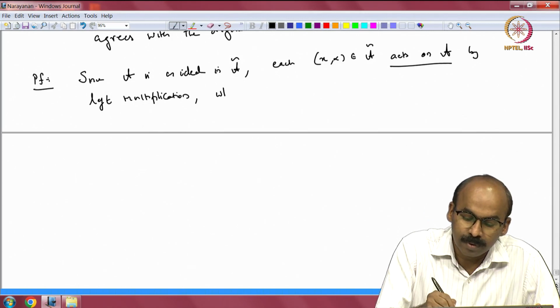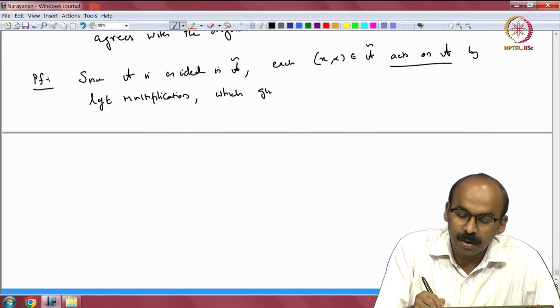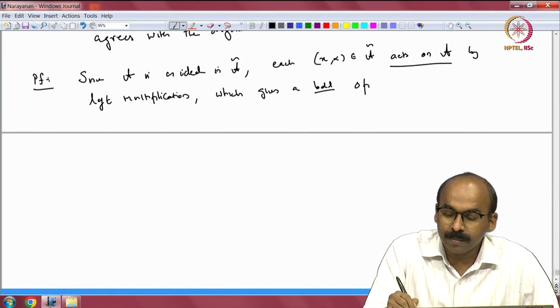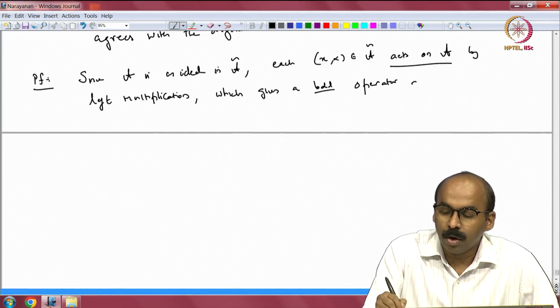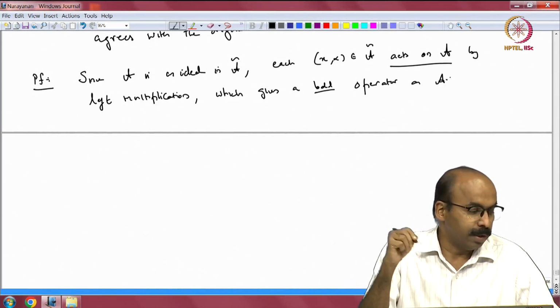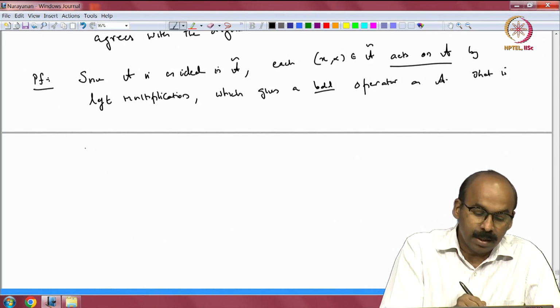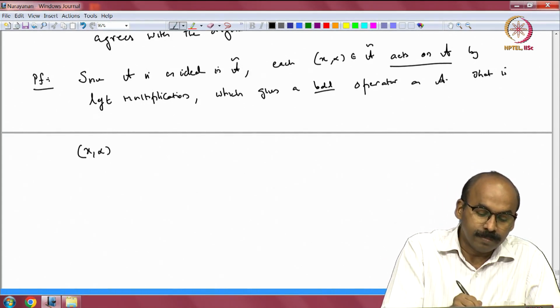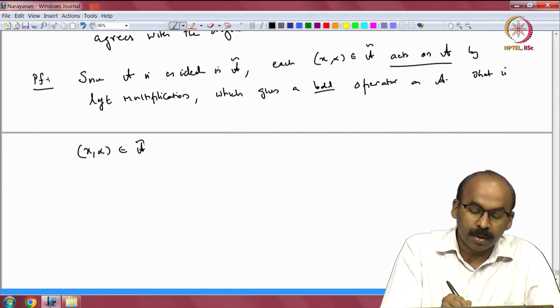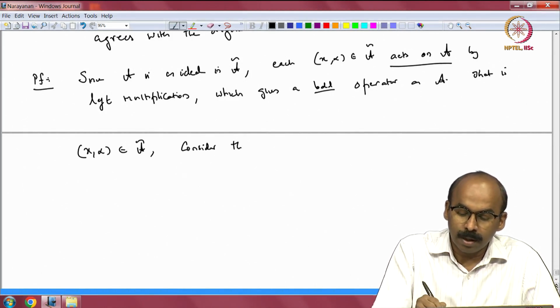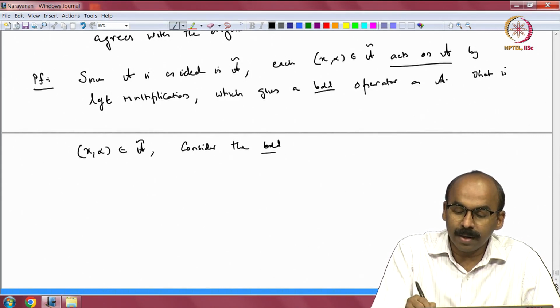Which gives a bounded operator on A. Okay. What does that mean? That is, if I take a point in A tilde, consider the bounded operator.